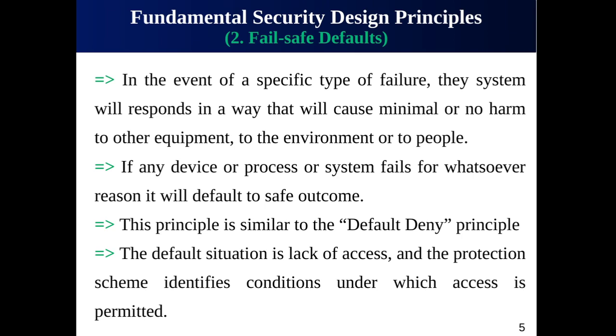If something happens, you have to find the safe way out of it. For example, automated doors, elevators, car windshields, process safety equipment, electronic circuits, circuit breakers, etc. All these things are designed by keeping in mind the fail-safe default.